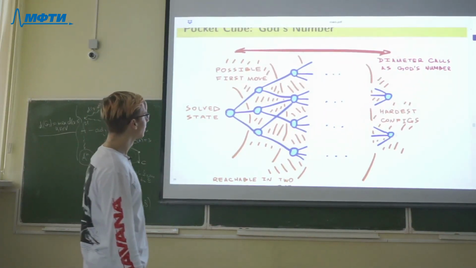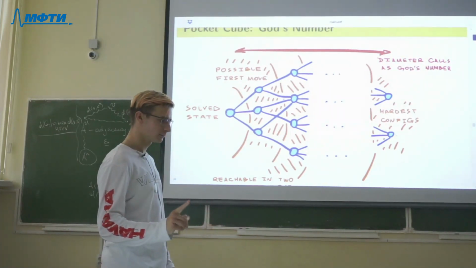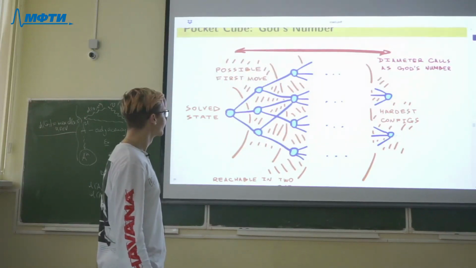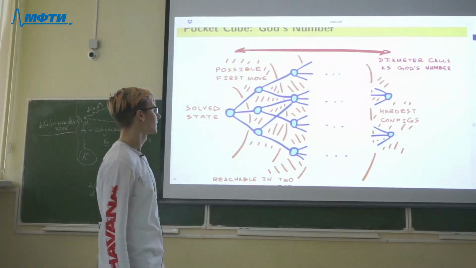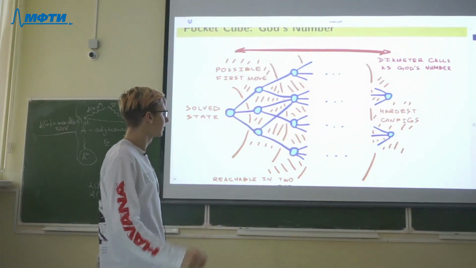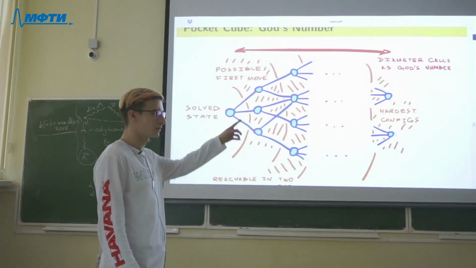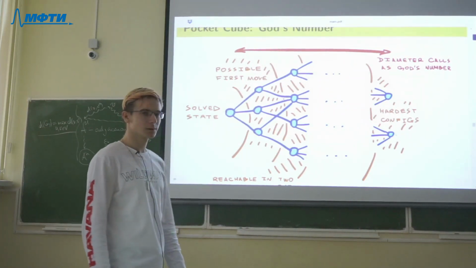But 5 years ago, there was an article that made a point on God's number, or the diameter of this graph in Rubik's Cube. It's equal to 12.